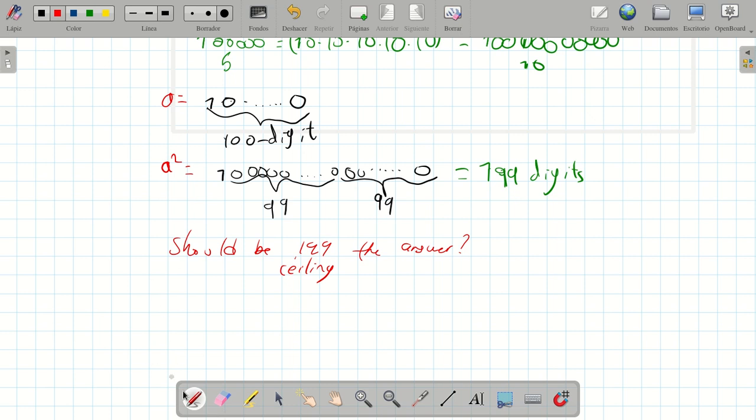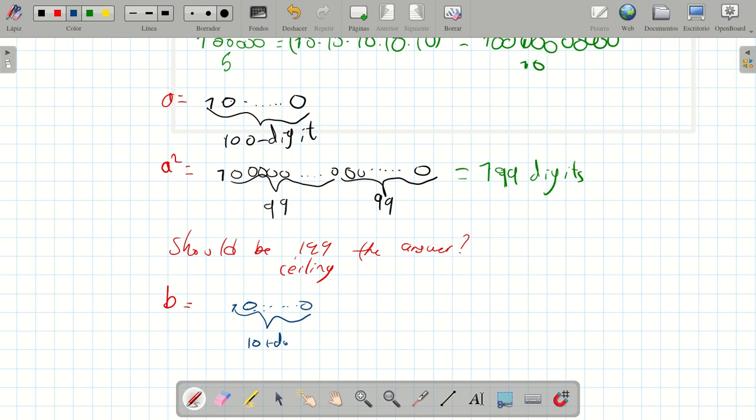Maybe we can take another number. Let's take b equal to this number, 0 0 0, all these zeros, but this is a number of 101 digits.